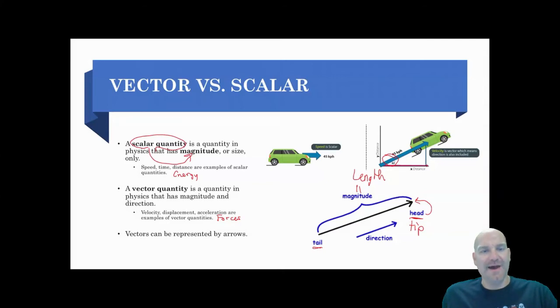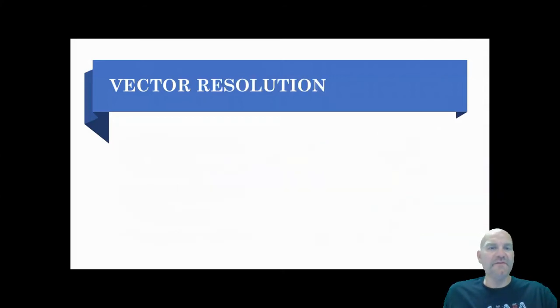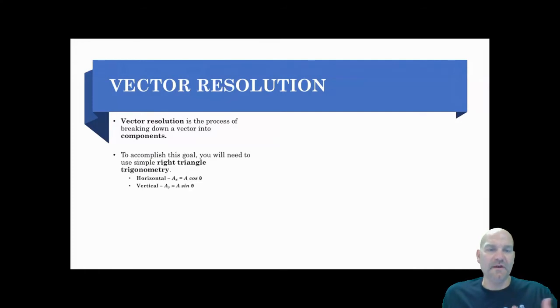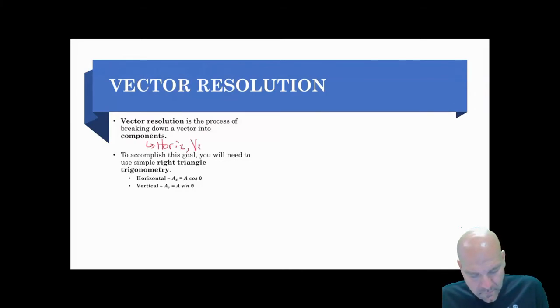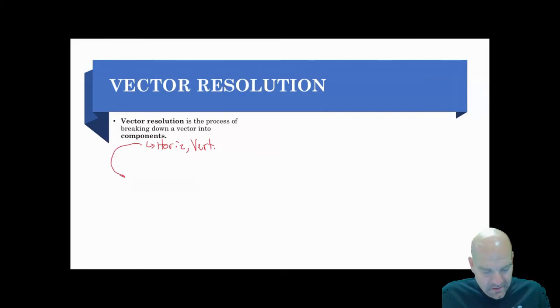Now the rest is we're going to look at the mathematics of vectors. The first thing is vector resolution. Vector resolution helps us because we break the vector down into components. We break them down into horizontal and vertical. How do we do that? Well, we're going to use some basic trig.